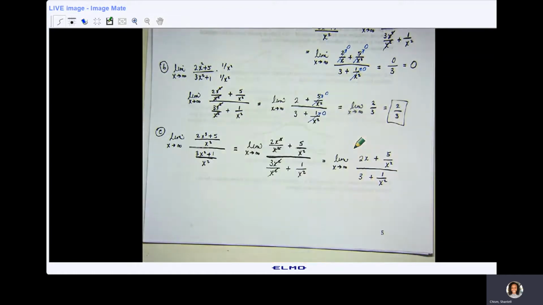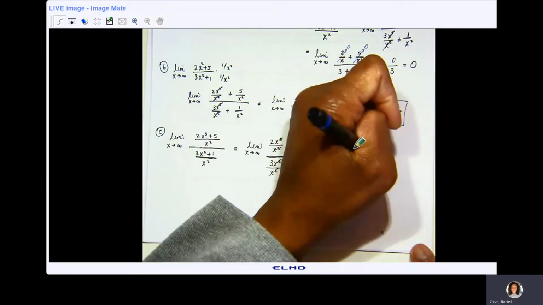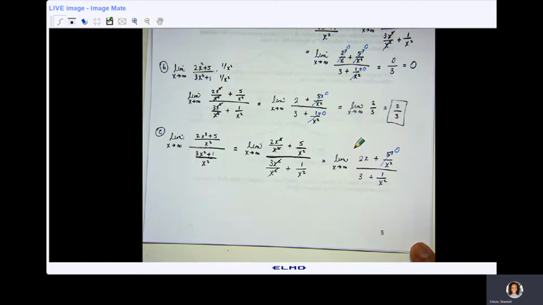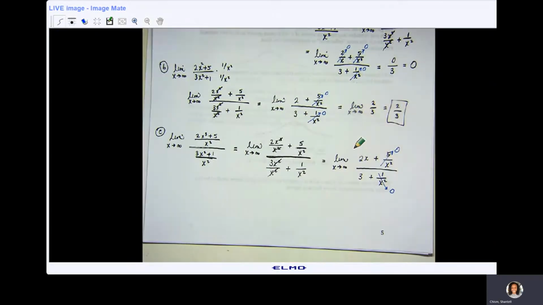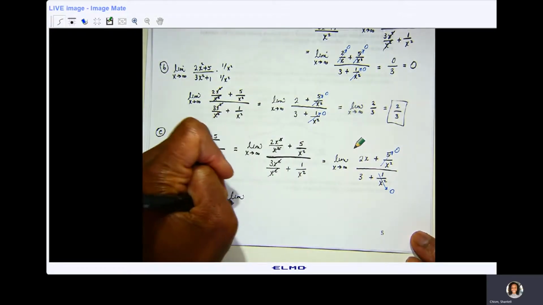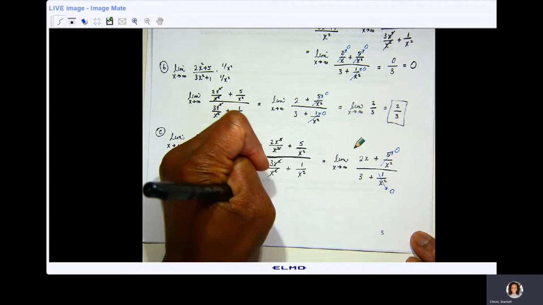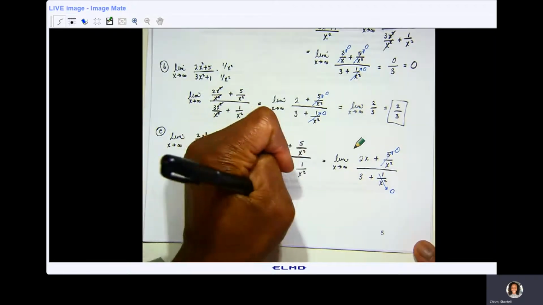Okay? So as x gets bigger, both of these approach 0. So 5 divided by a really big number approaches 0. 1 divided by a really big number approaches 0. So what we need to focus on is the limit as x approaches infinity of 2x over 3. Okay? So think about it like this.